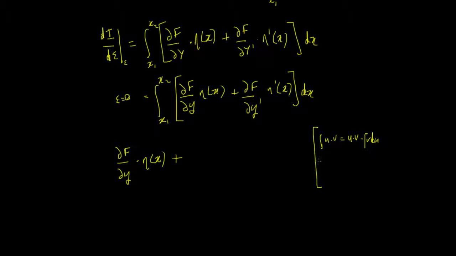Now if we let v derivative equal eta derivative of x, then v would equal eta of x, and we let u equal partial f by partial y derivative, then u derivative would equal partial by partial x of partial f by partial y derivative.